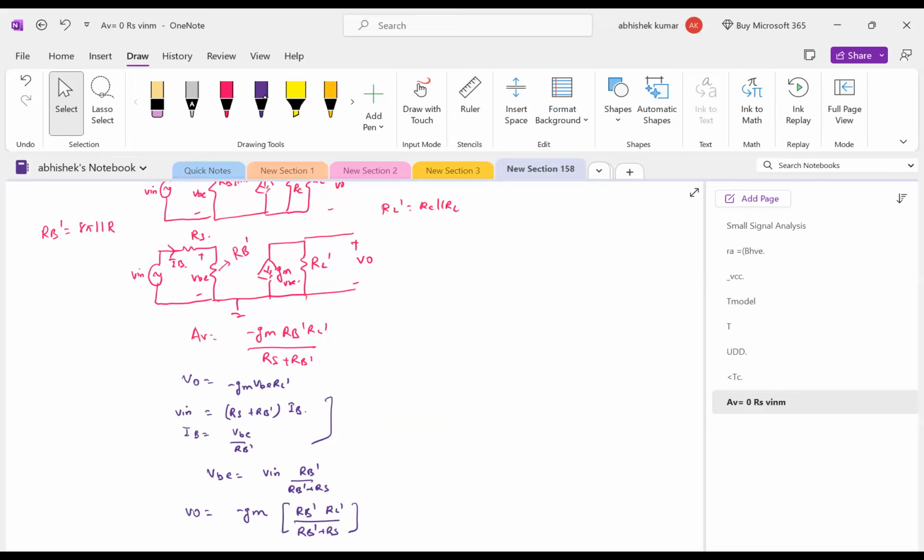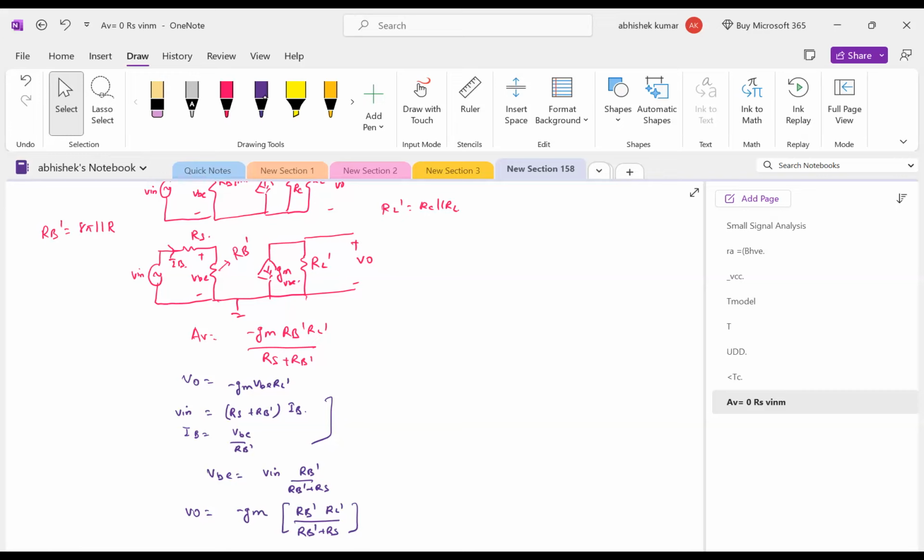And there you have the RC and there you have the RL, right? What will be the I out? I out will be the current flowing through the RL or not? Do you agree that this is RB dash? This is RB dash, this is RS, this is V input, and this is VB.